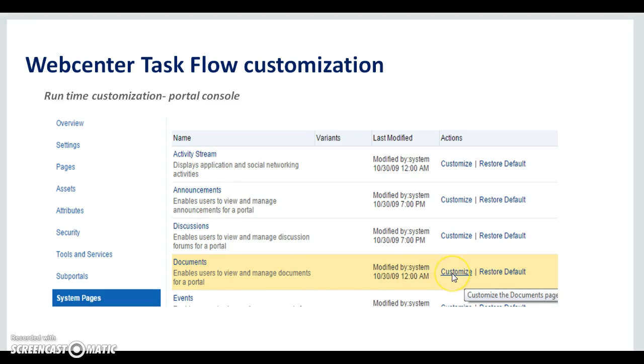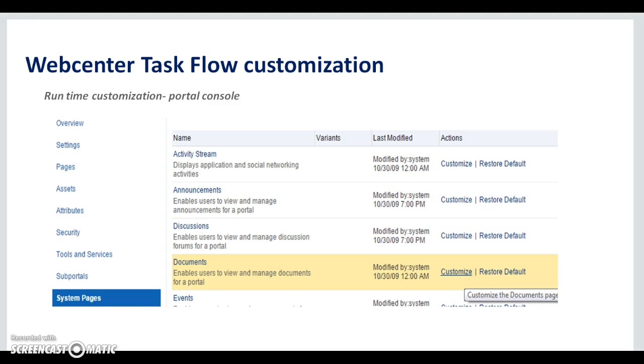If we click on customize, it will open the task flow, or the page or the component, in edit mode, and there we can edit different things. So in short, we are customizing the task flow at runtime. We will talk about it in more detail when we go to the demo itself.